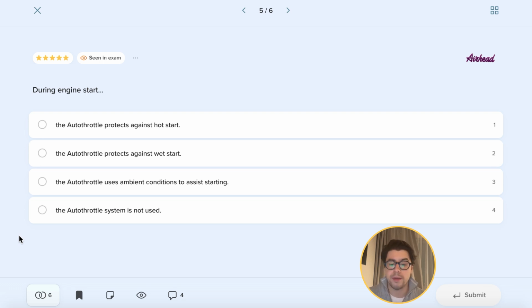So the autothrottle system is not used at all during an engine start and as well during engine restart in the air. These systems are there to maintain a given speed that is selected or calculated by the flight management computers.